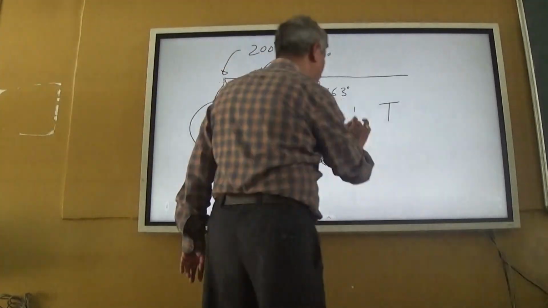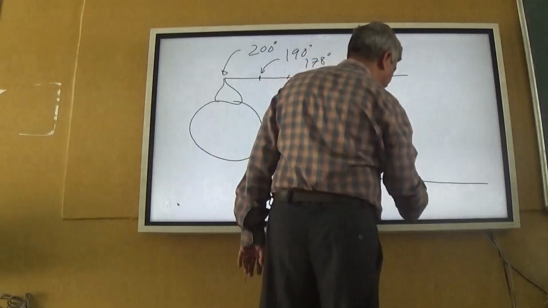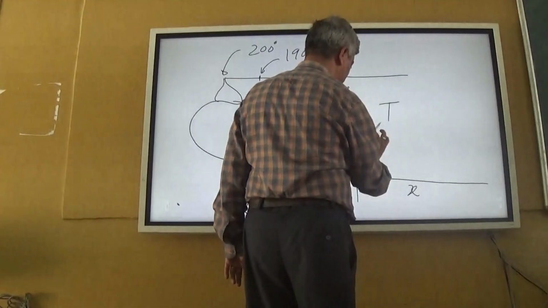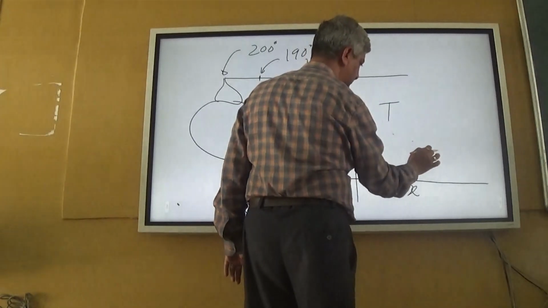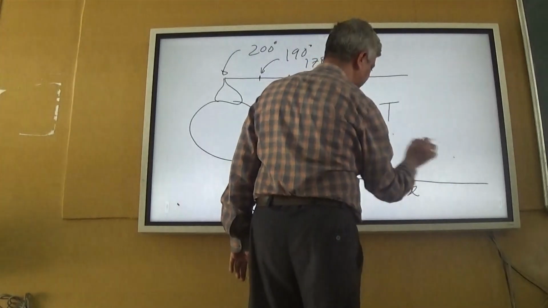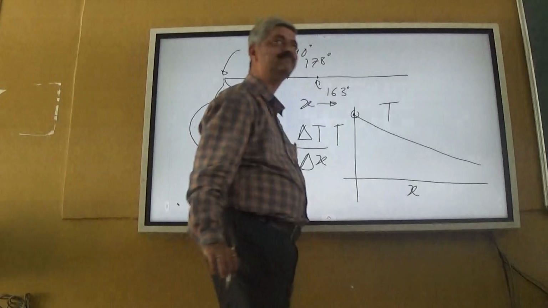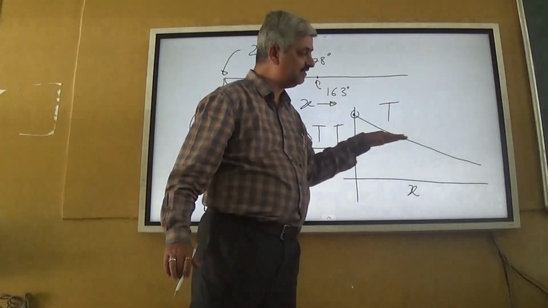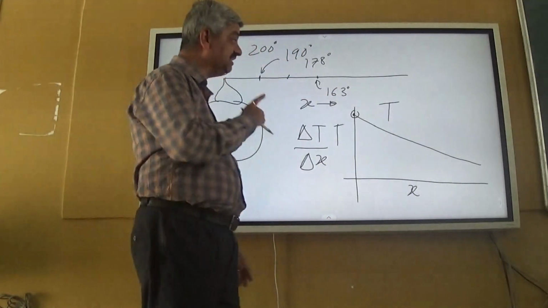So if you plot a graph of x versus T, if it goes too long, then it will be almost like room temperature.